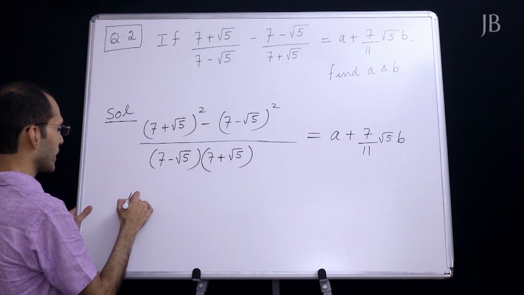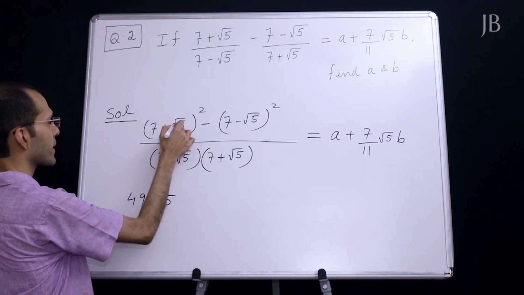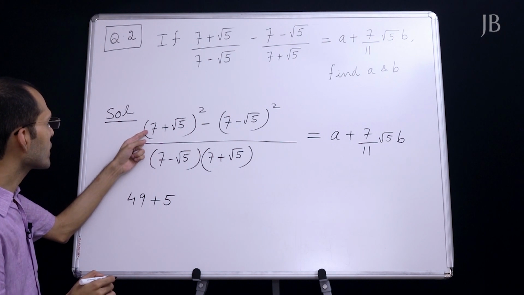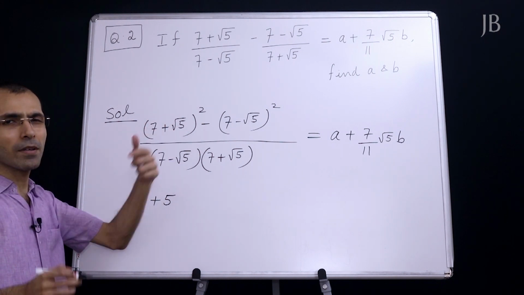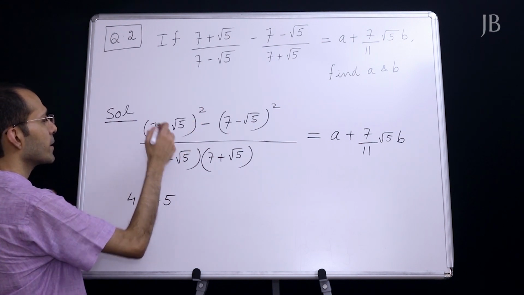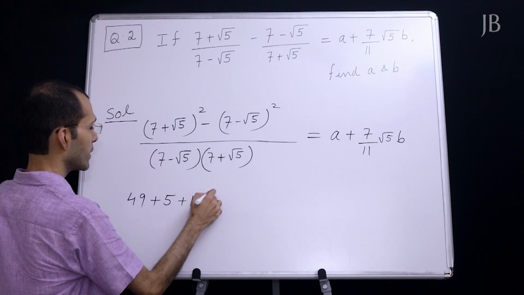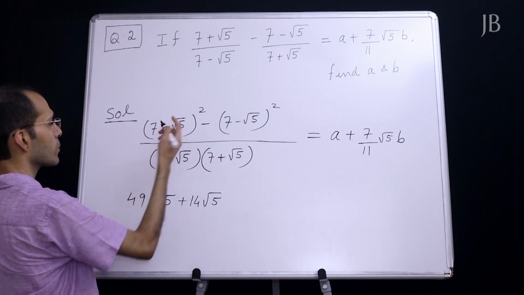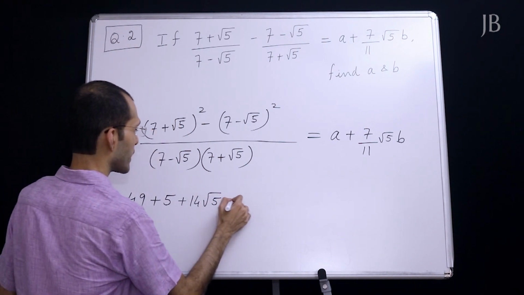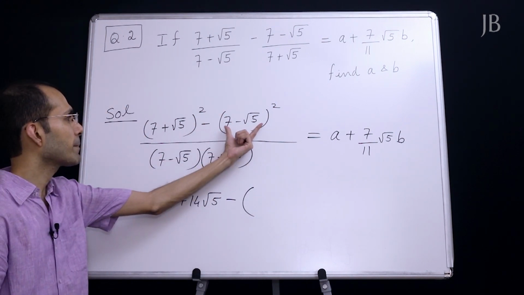So this is 49, square of the first term, square of the second term, then first term into second term into 2. It is simple, a plus b the whole square. First term into second term into 2, that is 7 into root 5 into 2, that is positive 14 root 5, because plus into plus is plus.